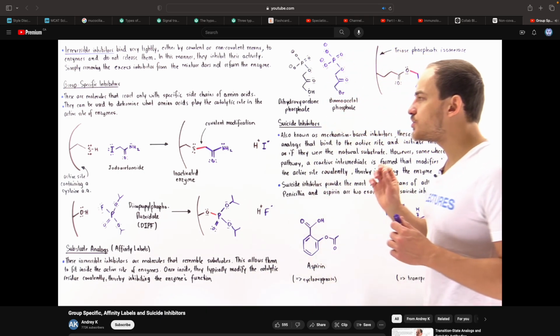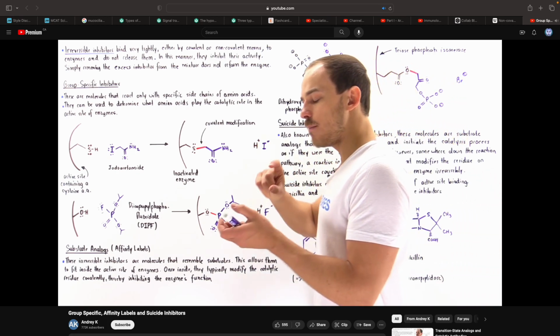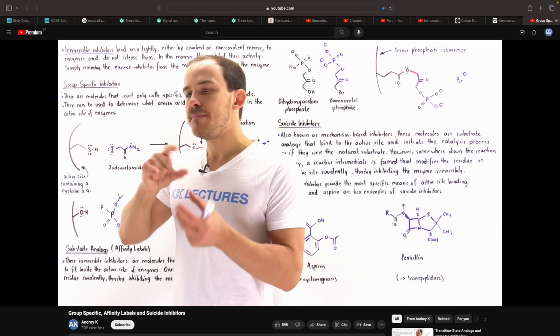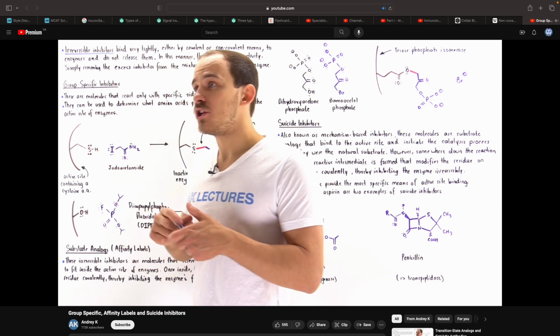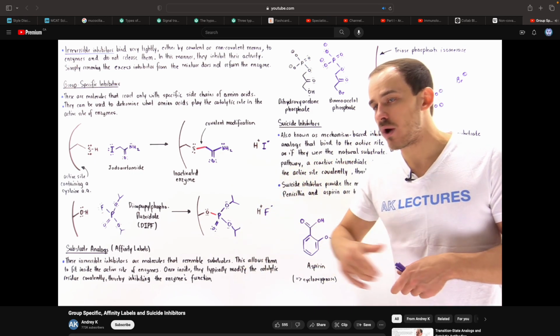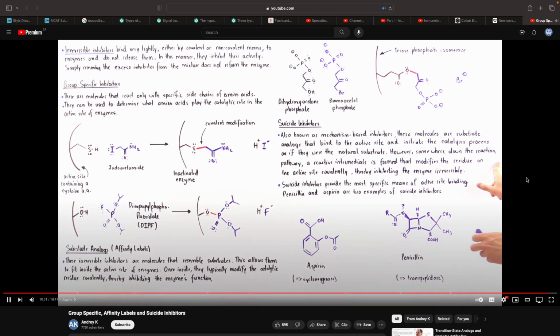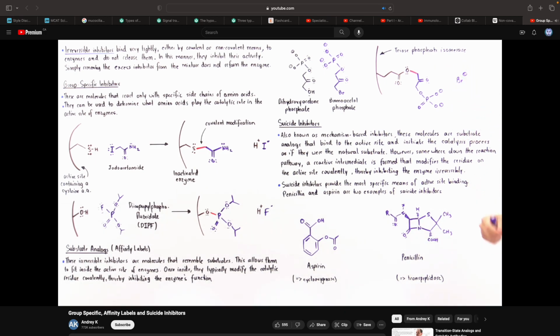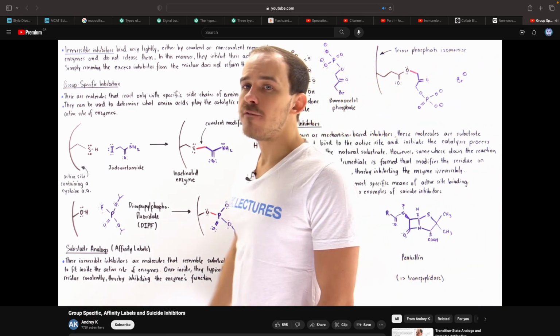And we also have suicide inhibitors that basically bind into the active site, and they begin the normal process as if they were the normal substrate molecule, but somewhere down that reaction pathway, they essentially create a reactive intermediate that modifies the catalytic residue found inside the active site in some covalent way, and that inhibits the activity of that enzyme.